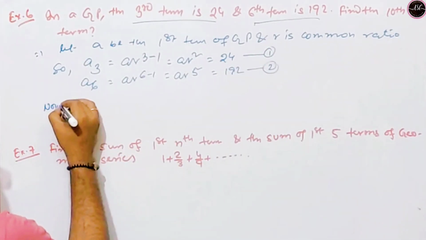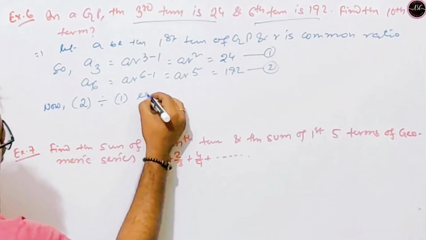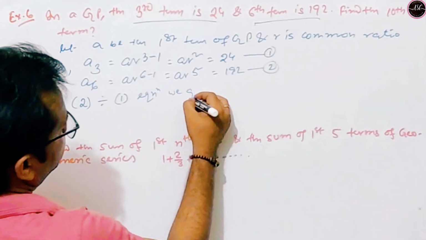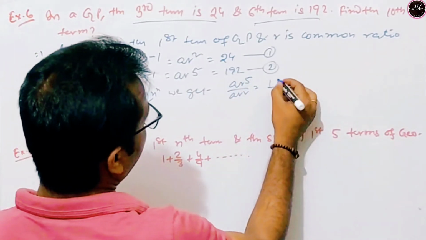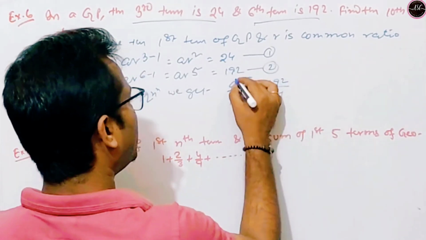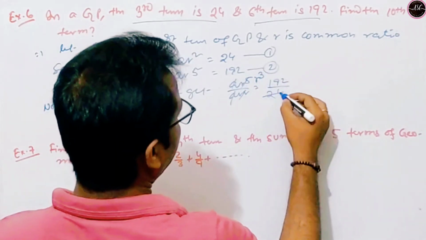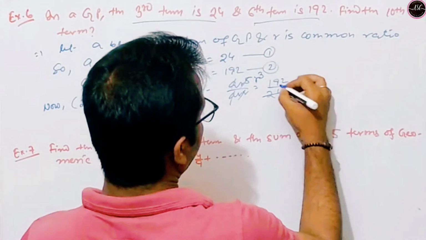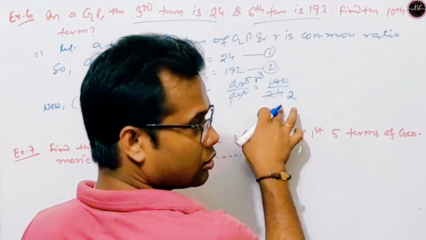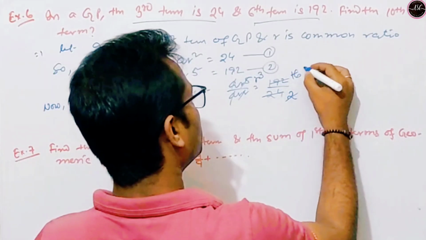So now dividing equation 2 by equation 1, we get ar to the power 5 divided by ar squared equals 192 divided by 24. A will be cancelled out, and r to the power 5 over r squared will be r cubed. If we divide 24 into 192, that will be 8.